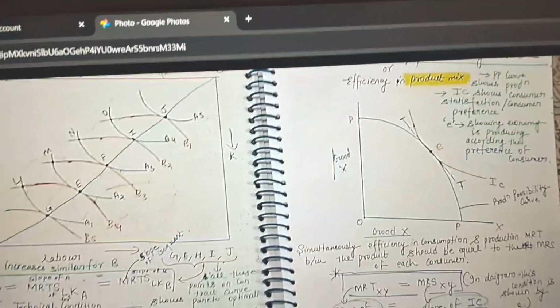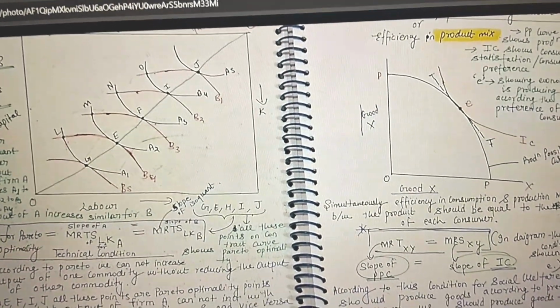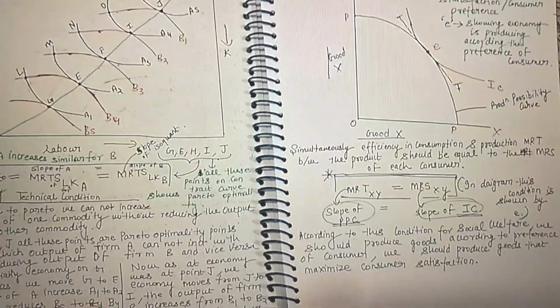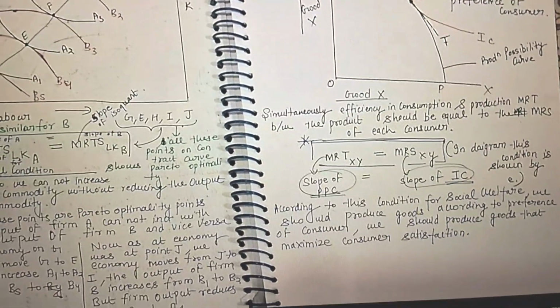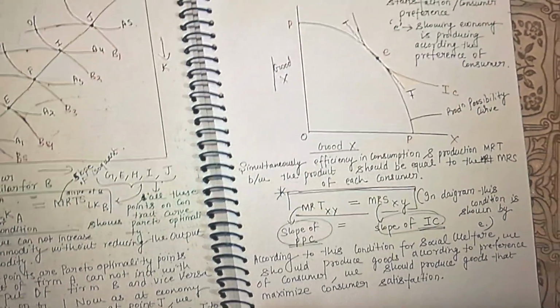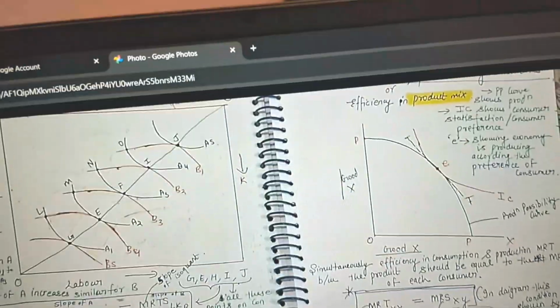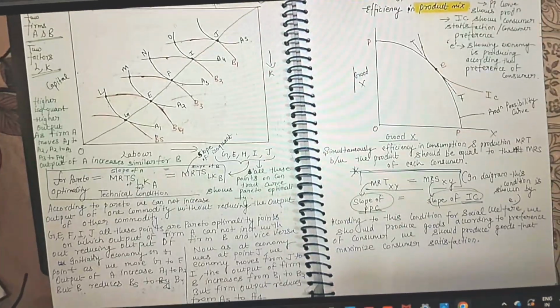MRT, the marginal rate of transformation, is the rate at which one good must be sacrificed to produce one more unit of another good, and it should be equal to MRS, which measures how much of good Y a consumer is willing to sacrifice for an additional unit of good X. These two must be equal to sum up the welfare condition of Pareto, and this is the technical solution given by him. So this is all about Pareto optimality.